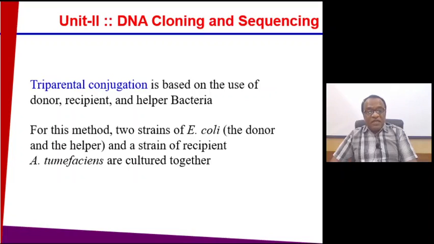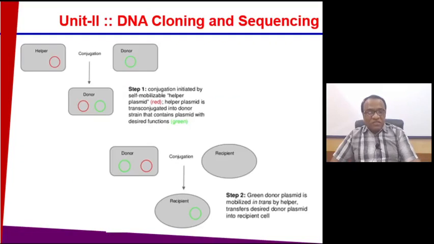So the donor E. coli carries the binary vector that will be transferred to the recipient bacterium, and during the co-cultivation of these bacteria, the helper plasmid is transferred to the donor E. coli.